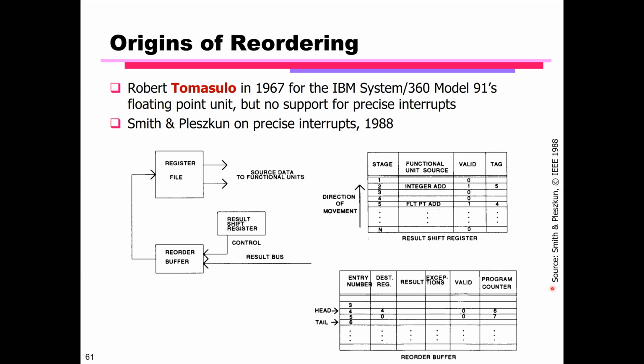The other remark I wanted to make about this slide, the first bullet, is that everything we have seen is usually described in textbooks as the Tomasulo algorithm, but without the reorder buffer to implement precise interrupts. Something similar was implemented in a very old machine, as you can see.